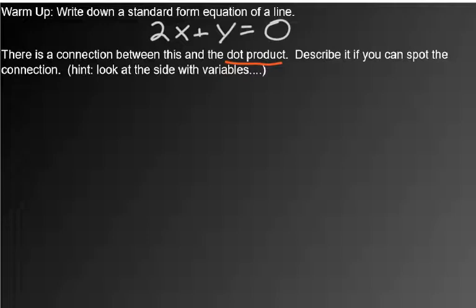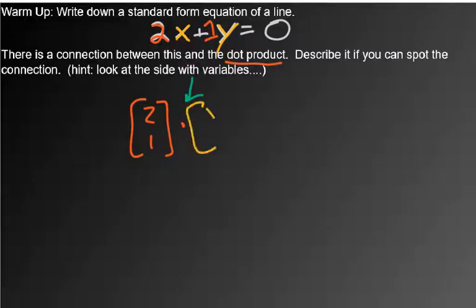There is a connection here, and basically we've got a number vector and a variable vector. So really you could think of this as the dot product of the vector 2, 1 dotted with a vector xy, and it would equal the 0 vector here.